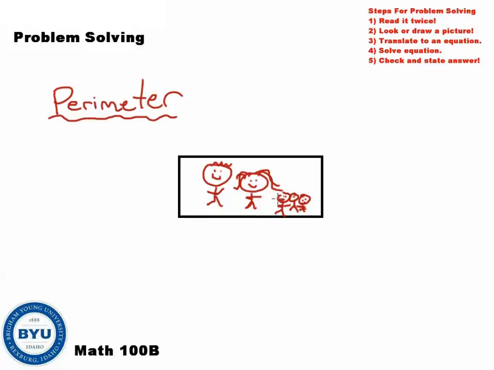So we've got a picture here, and we know that the perimeter of this picture needs to be 120 inches. They also tell us that the length is going to be 3 times the width. Now we know that this is the length, and that this is the width. If the length is 3 times the width, we could write the length as 3W.